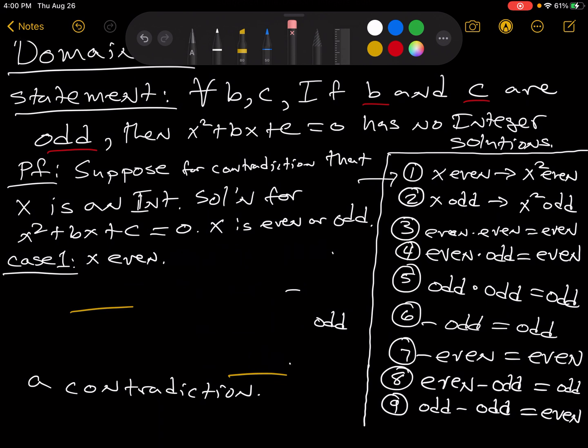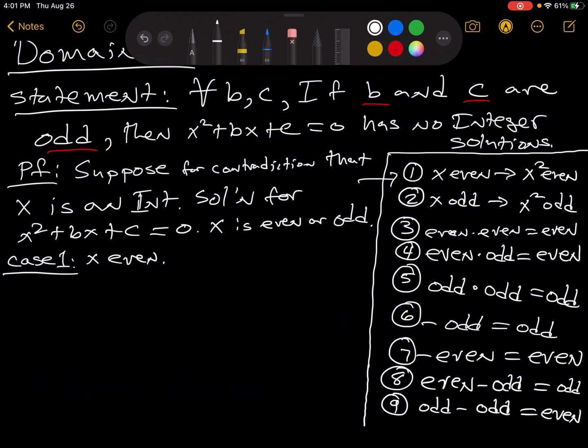We find the contradiction that an even equals an odd. That can never be true. Now, the work here I just erased, right? But I did go through that work for you to show you that work.